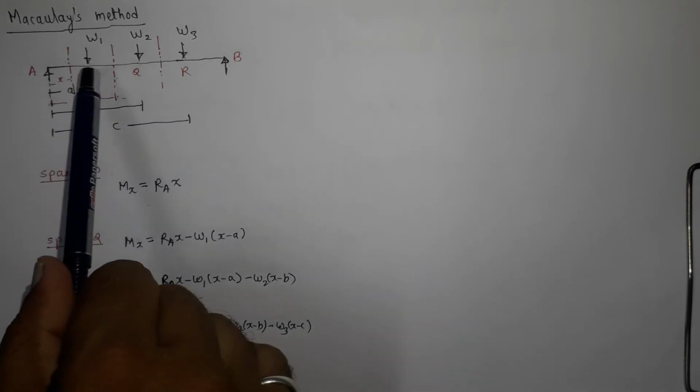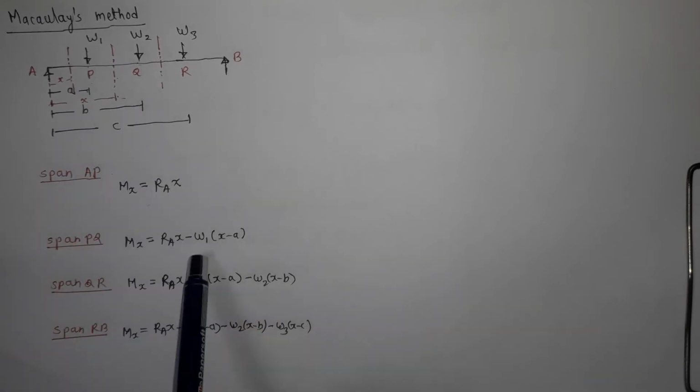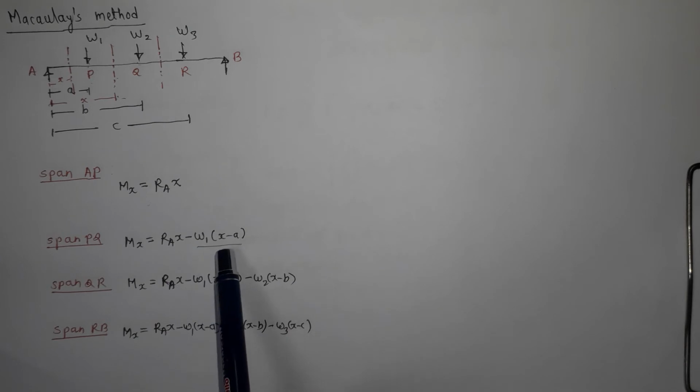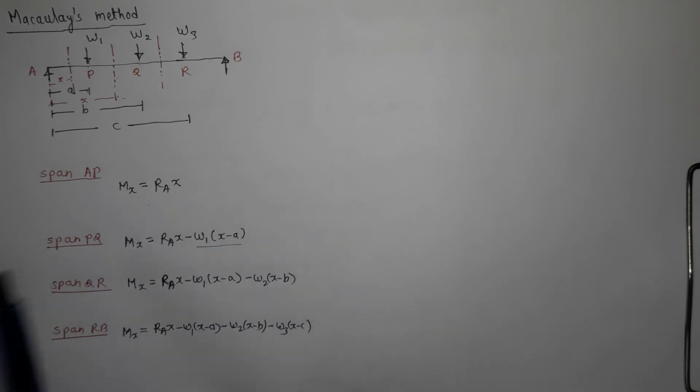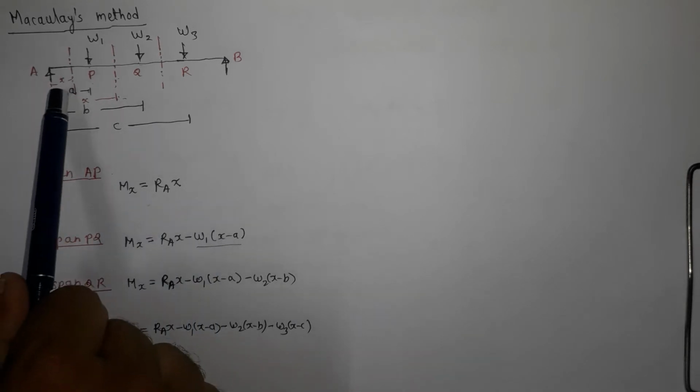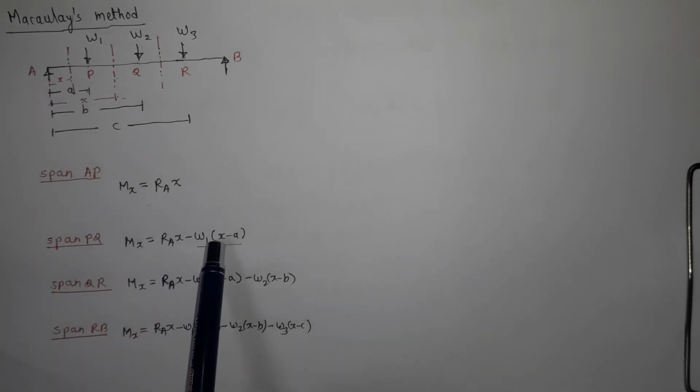Then for the second subspan, this term is getting introduced, that is W1 into x minus A. So for the remaining further subspans, the same term is reappearing. So once any value of the bending moment appears in any of the subspan, then the same value will always be there for the next subspan.